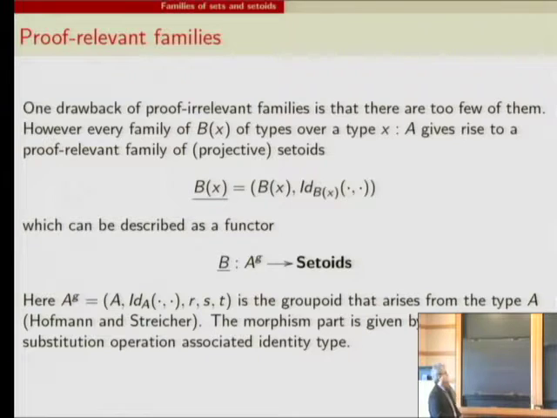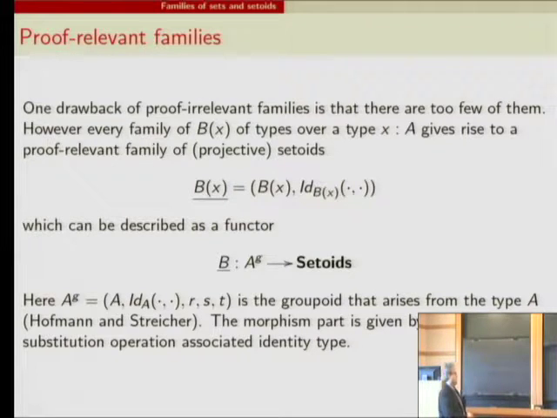If you take a family here and you consider the canonical equality on that, which would be identity, you get a setoid, indexed by A here. And if you look at a proof that x is equal to x prime, for instance, then there is a way of going from B x to B x prime by substitution. That's the natural thing. Every proof object in an identity type gives rise to a substitution.